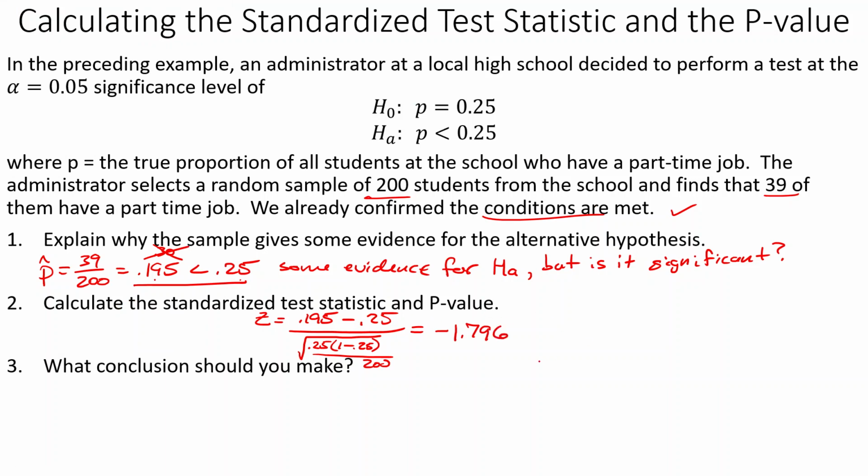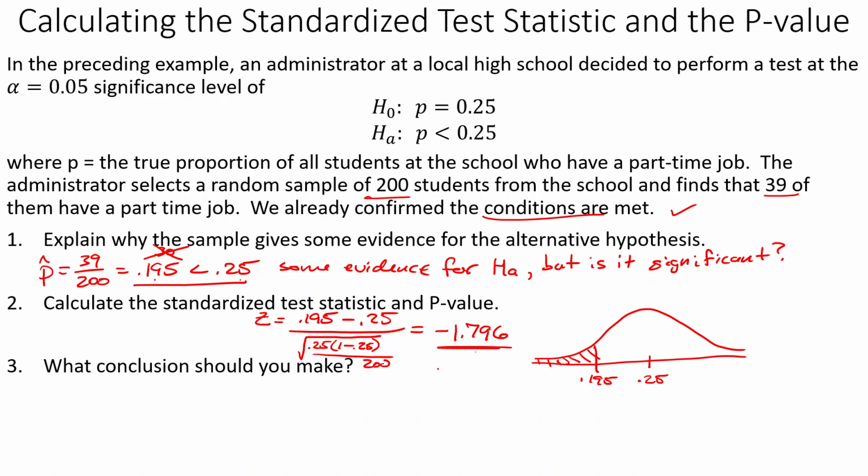Now we want the p-value, so we've got to think about it. Remember, we're working with this normal distribution. Our mean here would be 0.25, and we're way down here at 0.195. We want to know what's this area down here. Well, we've already found the z-score, so we can use the standard normal curve and that z-score.